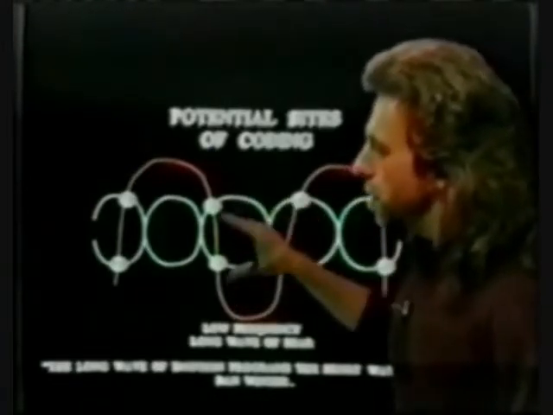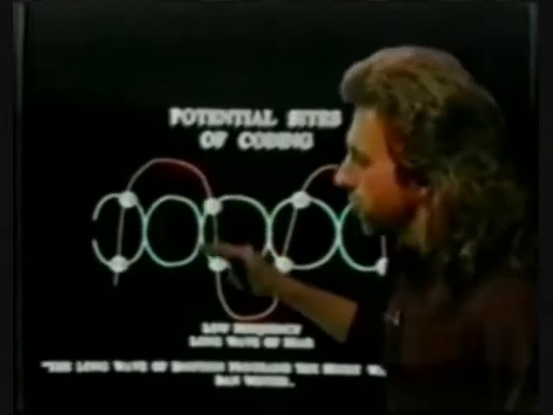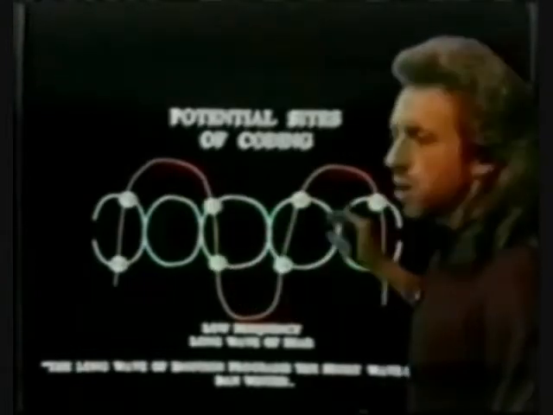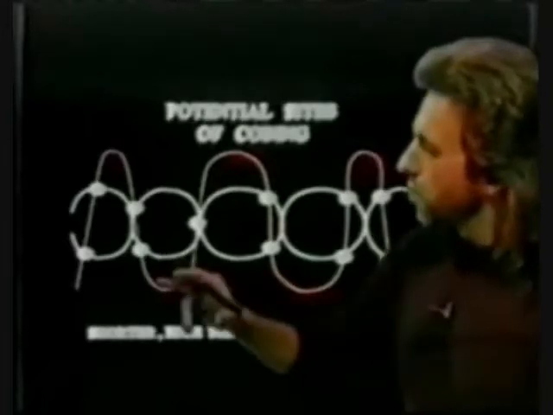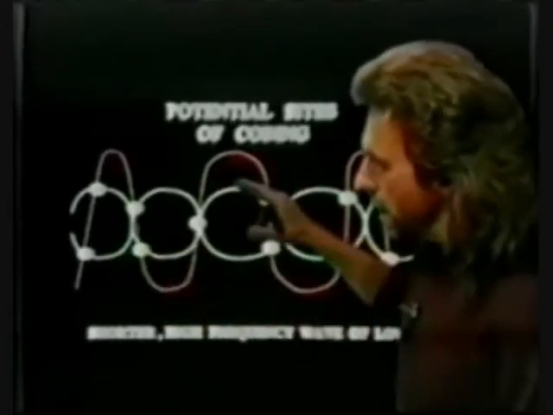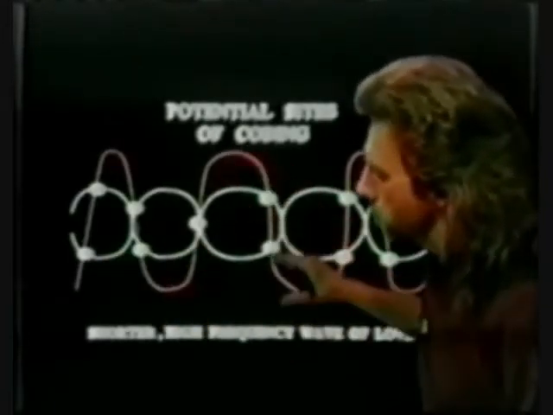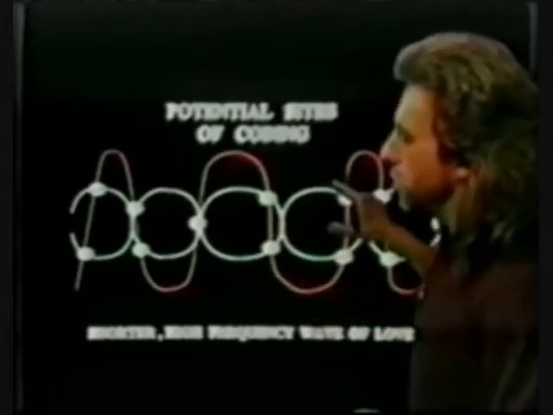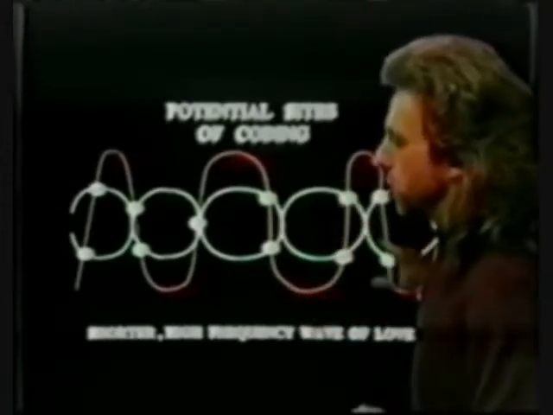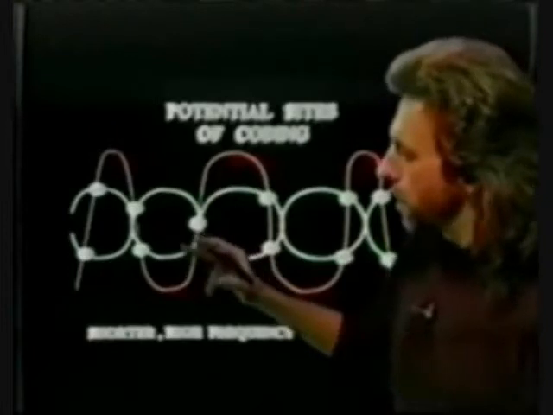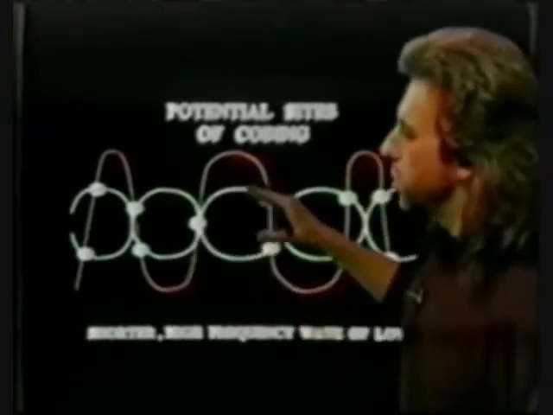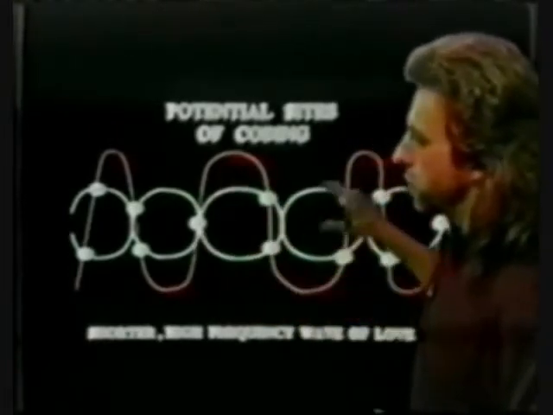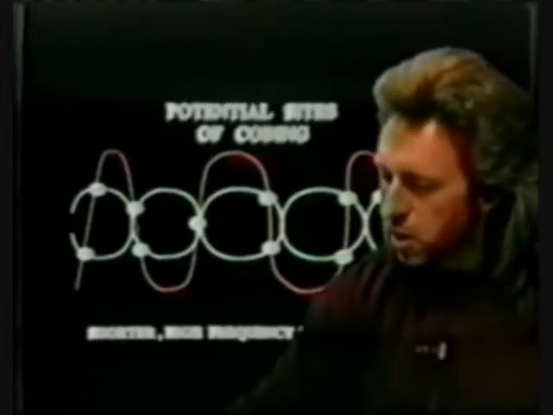So an individual living in fear is limited to the number of antennae that they have available to them. Whereas an individual living in the pattern of love, this is love in DNA, you can see it's a higher frequency, shorter wavelength. We have many more potential sites for coding along that genetic pattern.